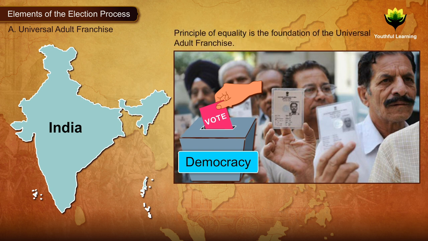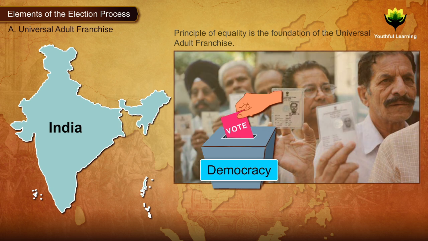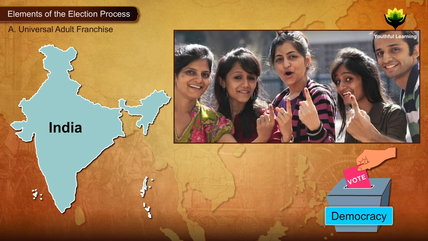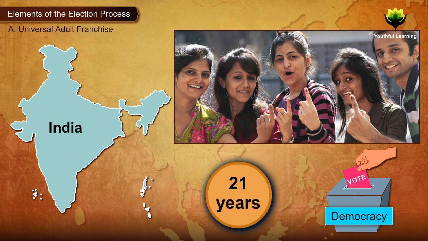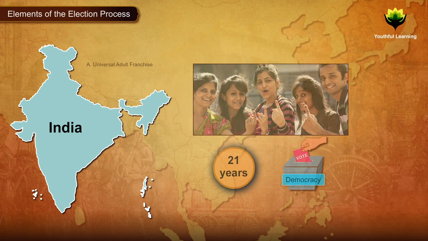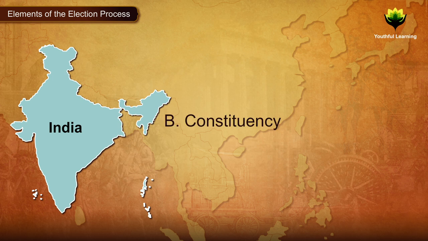Thus, the principle of equality is the foundation of the universal adult franchise. Previously, the age limit for voting was 21 years of age.